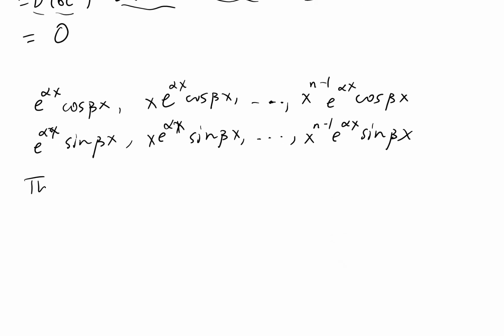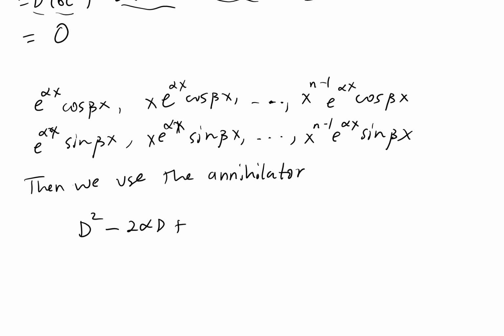Then we use the annihilator d squared minus 2 alpha d plus alpha squared plus beta squared to the n power. n is when there's a repetition. If there's no repetition, n is 1.